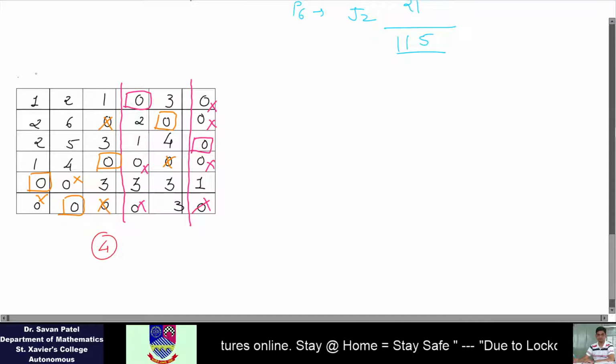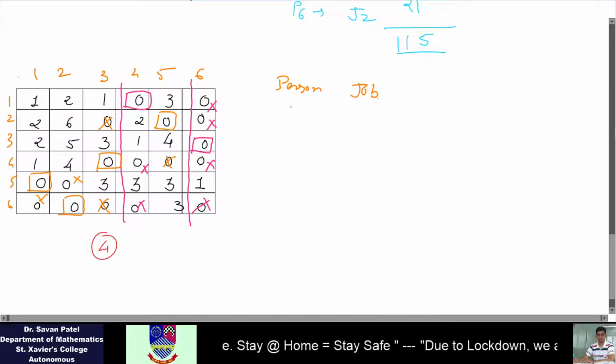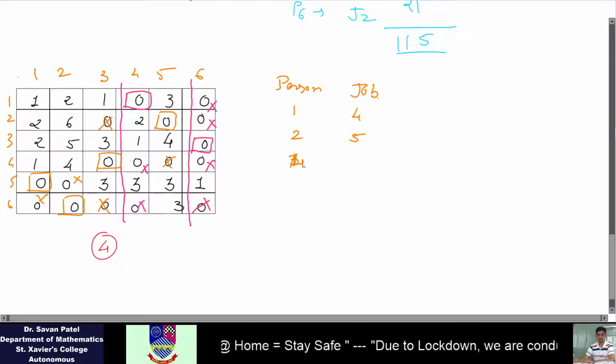Let me write 1, 2, 3, 4, 5, 6 and 1, 2, 3, 4, 5, 6. These are J's and these are P's. So person 1 is going for job number 4, person 2 is going for job number 5, person 3 is not coming, person 4 is coming for job number 3, person 5 is coming for job number 1, and person 6 is going for job number 2.